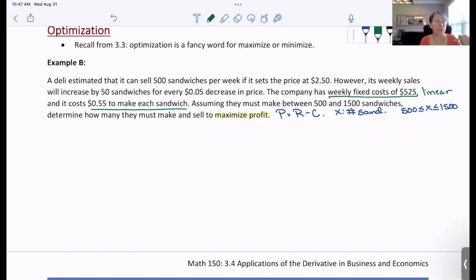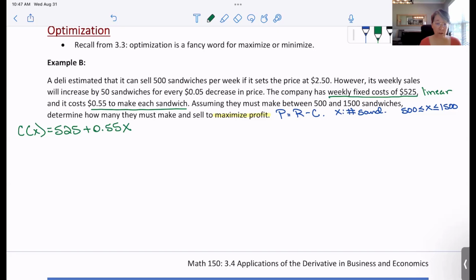And if it costs 55 cents for each sandwich, that means the cost is increasing by the same amount every time. 55 cents, 55 cents, 55 cents. So it has a constant slope. So we can write our cost function. I'll write it over here. It has the fixed cost of $525 plus it increases by 0.55 per x. In other words, 55 cents per sandwich.